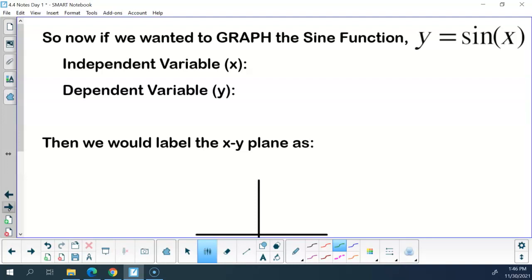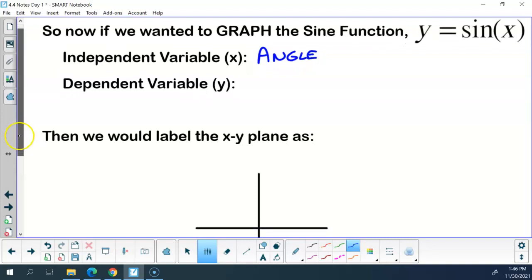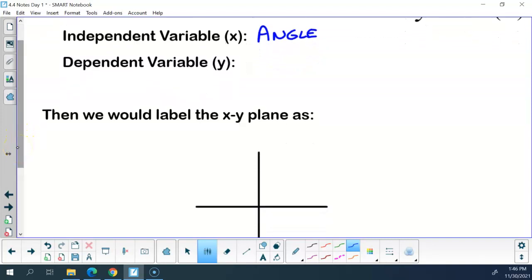So if we graph the sine function, or if we were graphing the cosine function, our independent variable would be our angle. So if we're on an XY plane, our inputs would be our positive angles here and our negative angles here.